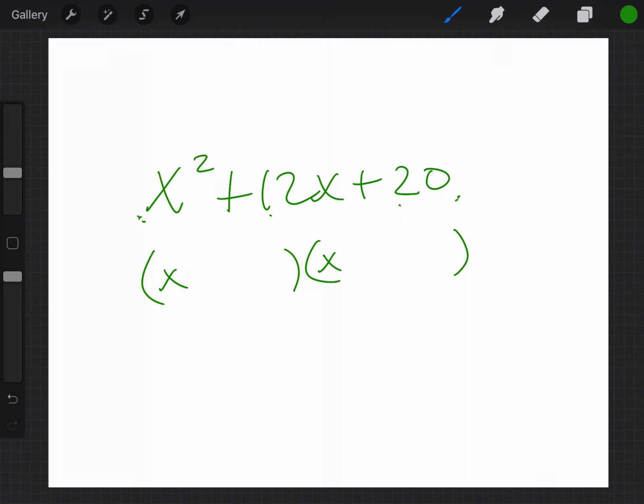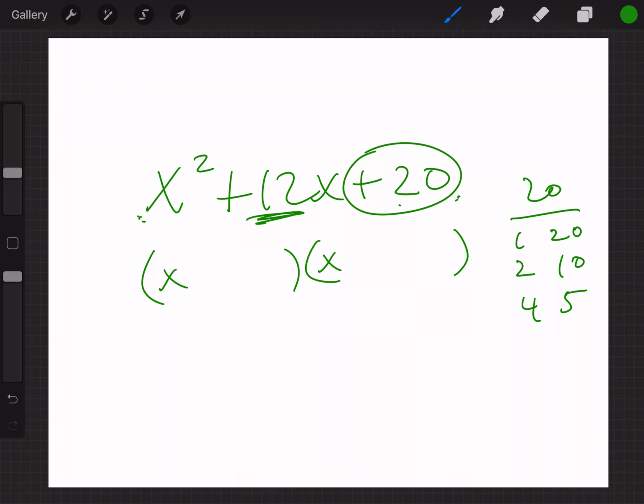You're wanting to know factors of 20: 1 and 20, 2 and 10, 3 won't go, 4 and 5. Which one of those pairs could possibly give me the 12? That would be the 2 and the 10. I need a positive 12, which means I need a positive 2 and a positive 10.